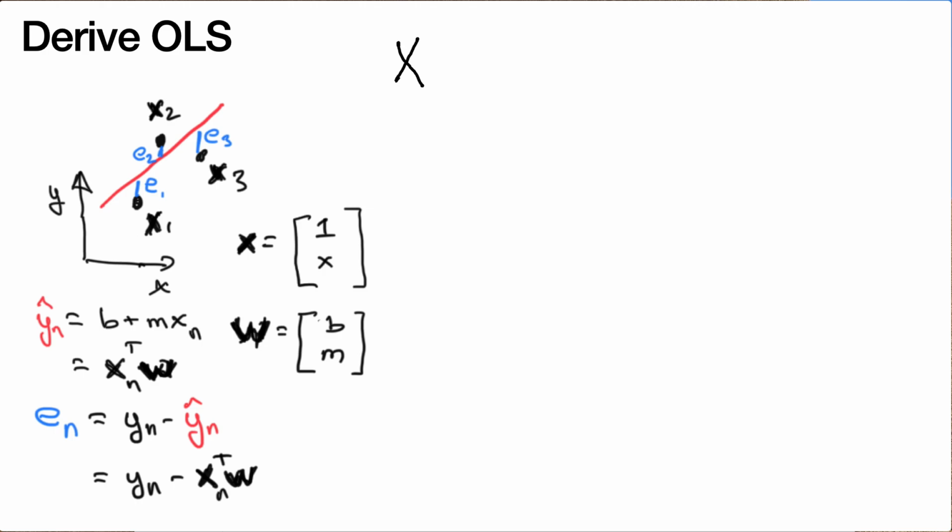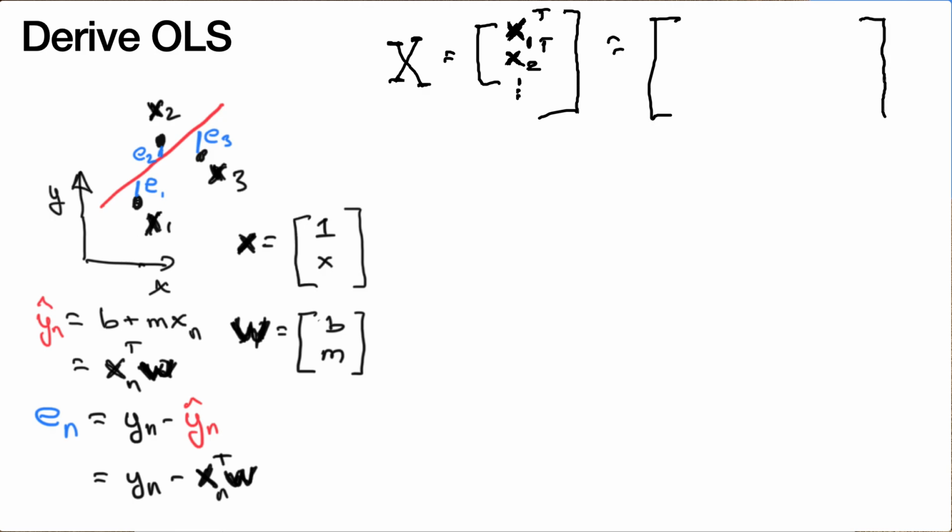What do I mean by that? Remember this thing called a design matrix? So we had a slide on this earlier. What that means is, right, this is the vector for x1. This is the vector for x2. These are transposed vectors, so they're row vectors. Okay, which means that it looks like this.